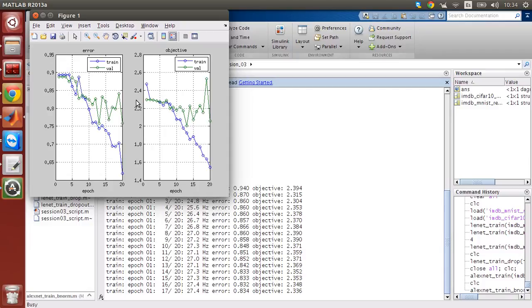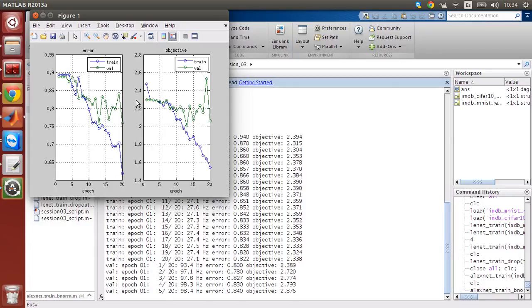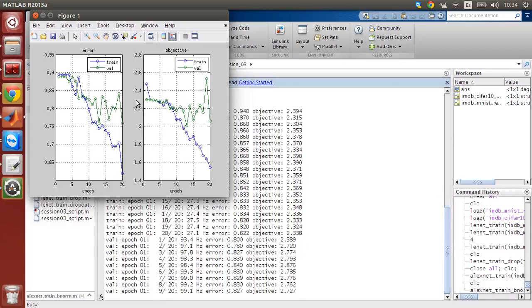So we see how both objective and error for train are decreasing, which is a good thing to see.